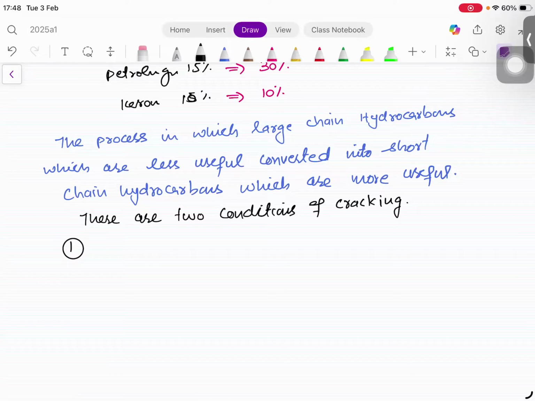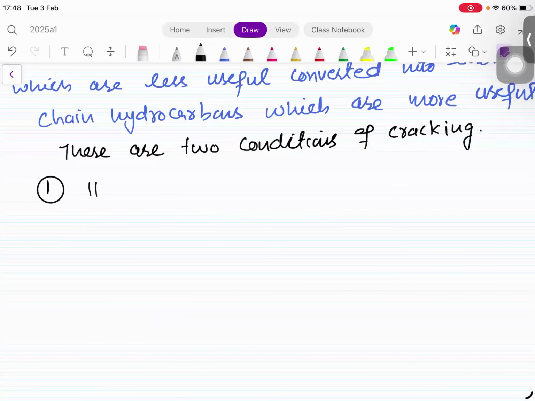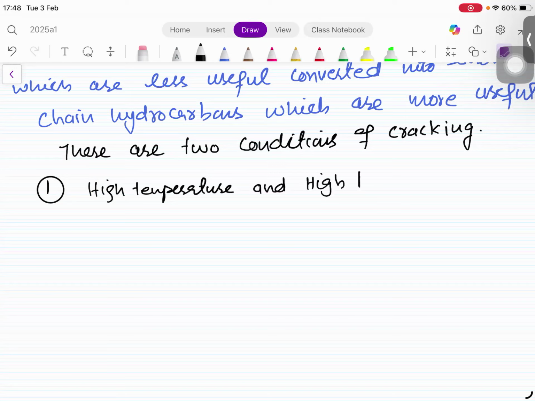So it doesn't have much science behind it. Okay, so write down number 1, high temperature and high pressure.